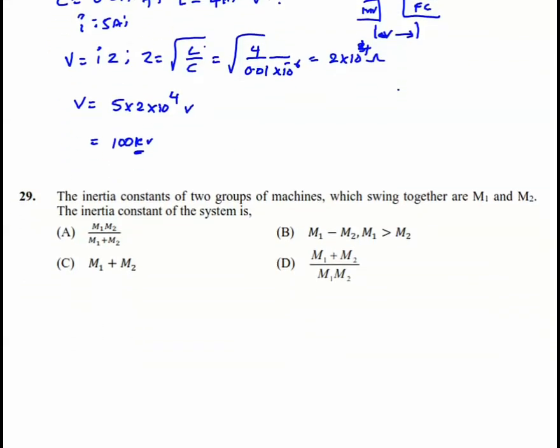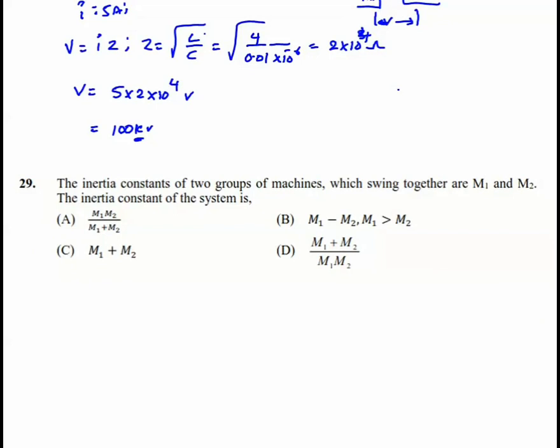And next one, important question and a repeated question here. The inertia constants of two groups of machines which swing together, M1 and M2, and the inertia constant of the system. So when they are swinging together, its equivalent will be M1 plus M2.